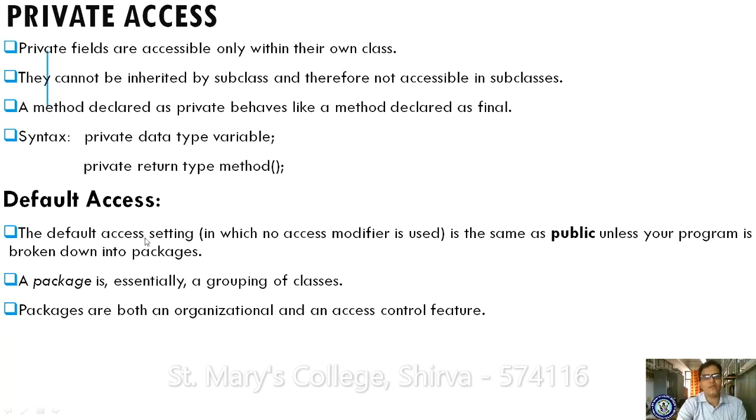Now let us see what the default access is in Java programming. The default access setting, in which no access modifier is used, is the same as public unless your program is broken into packages. So the default access of your class is public unless your class is placed within packages. Then what is a package?